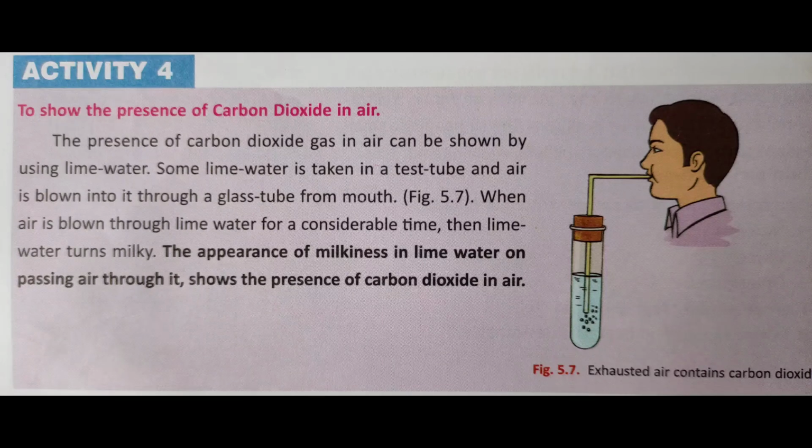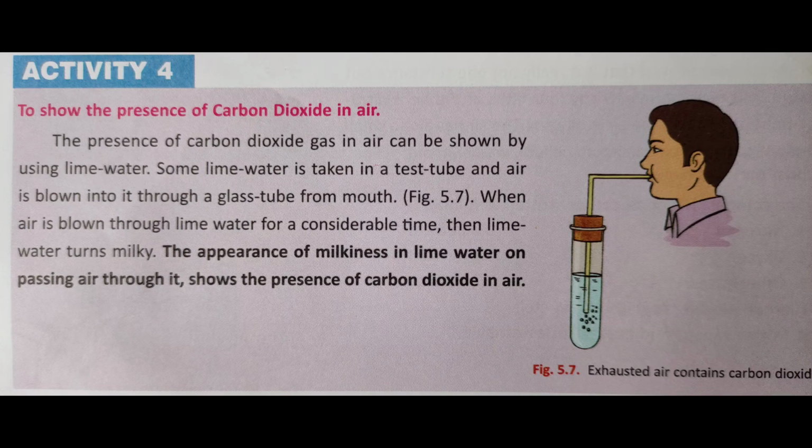Some lime water is taken in a test tube and air is blown into it through a glass tube from the mouth. When air is blown through the lime water for a considerable time, then lime water turns milky. The appearance of milkiness in lime water on passing air through it shows the presence of carbon dioxide in air.